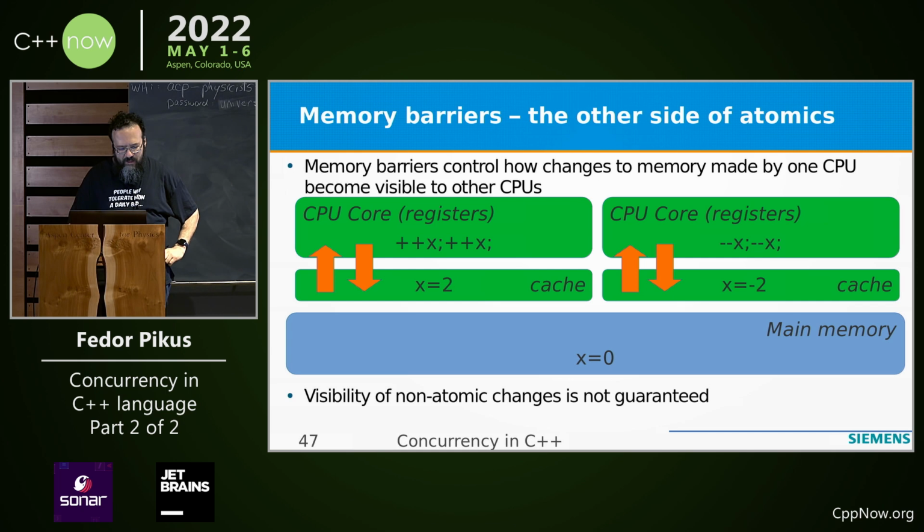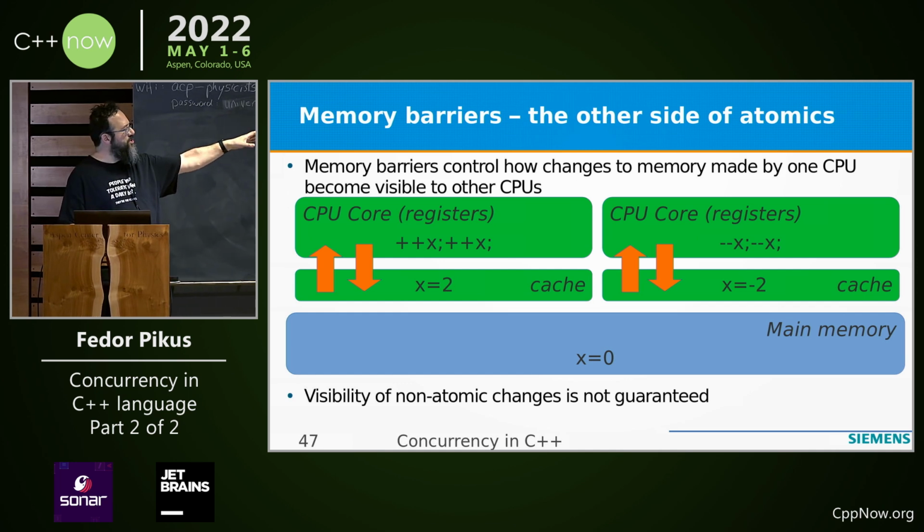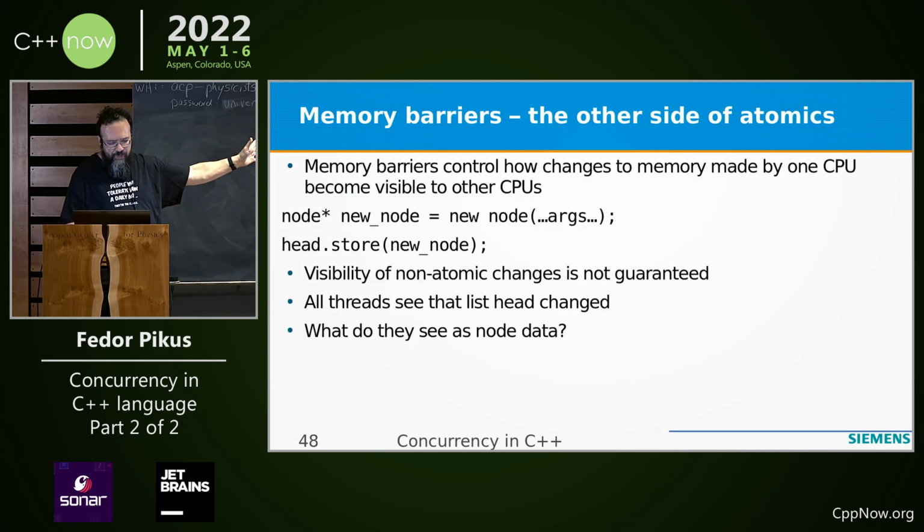Only the pointer is atomic. So here is my problem. One CPU updated some non-atomic memory, changed it. The result sits in cache. The other CPU updated some non-atomic memory, changed it. The result sits in cache. Main memory hasn't changed yet. It's non-atomic, and there are no guarantees about visibility on non-atomic changes.